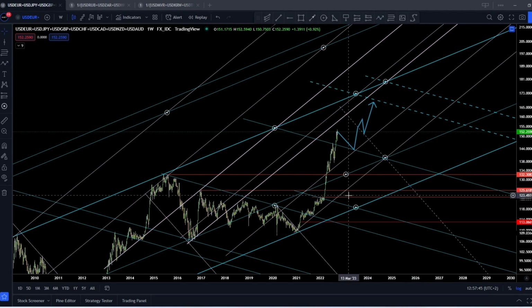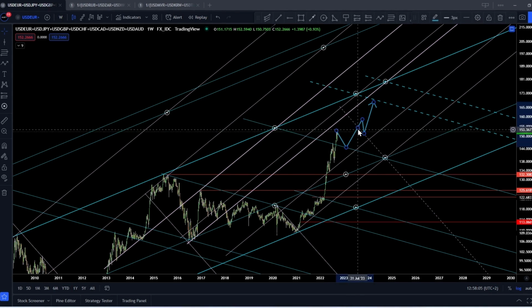It's very difficult to see exactly what path the dollar will choose, but that is not the point here. We don't want to make this chart work as any kind of crystal ball clairvoyance.